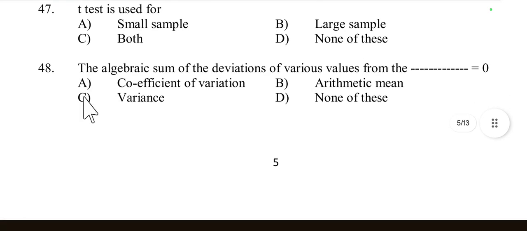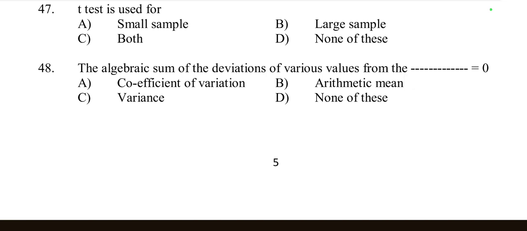Then question number 48. The algebraic sum of the deviations of various values from the dash is equal to 0: coefficient of variation, arithmetic mean, or variance. The algebraic sum of the deviations of various values from the mean is equal to 0.